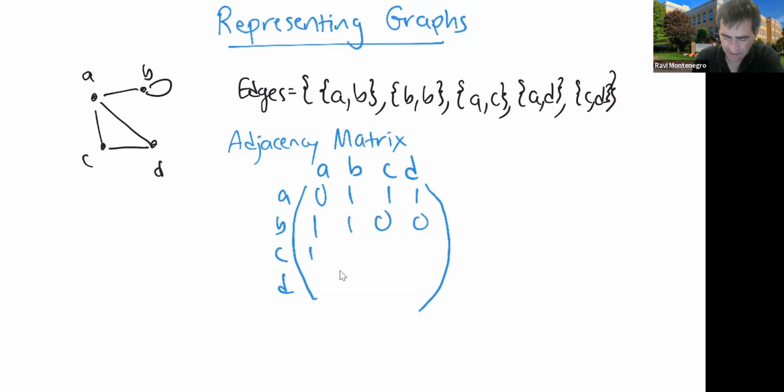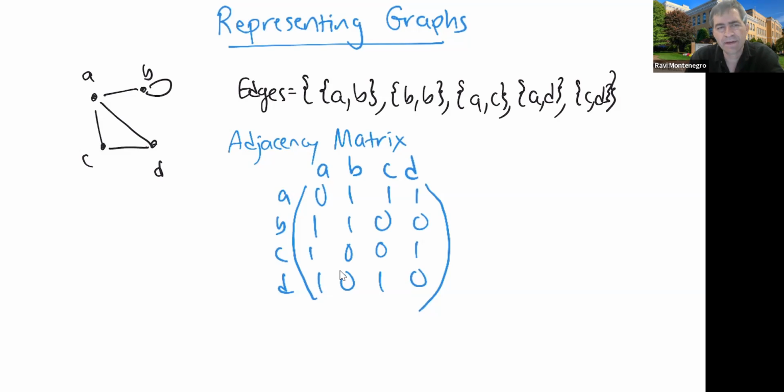So C to A had an edge, and C to D, and then D to A had an edge, and D to C. So this adjacency matrix represents that graph as well. And as I said, there are other methods. You can find things like adjacency list, which is another way of representing graphs, but these are the three that we'll focus on.